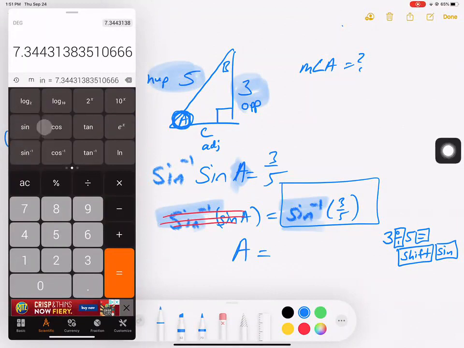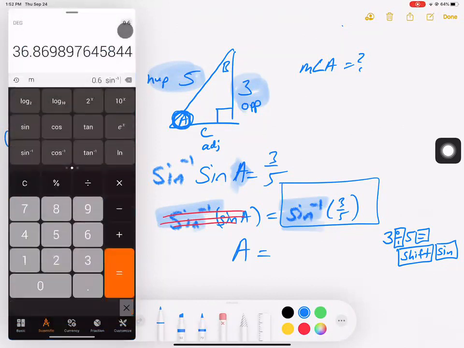But on many of your calculators at your house, you have to do a shift. Okay? I can show you another calculator right now. But we're going to say 3 divided by 5 equals, then we would have a shift if I didn't have it in this format. Actually, I can show you the big version. But let me just finish it. Sine inverse. And the answer is 36 degrees. 36.87 degrees.